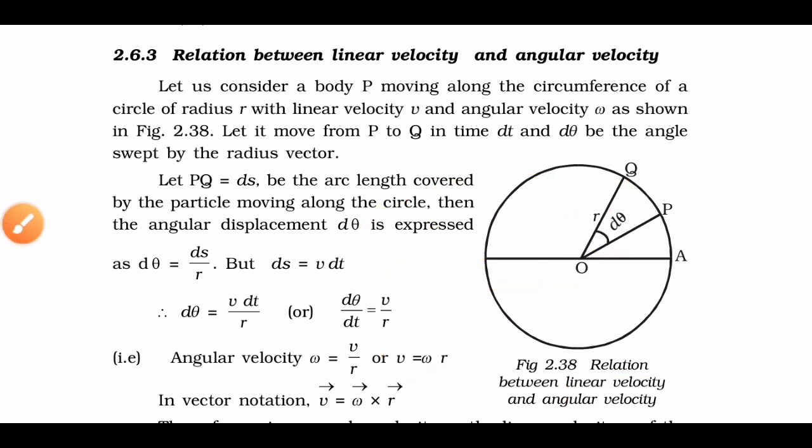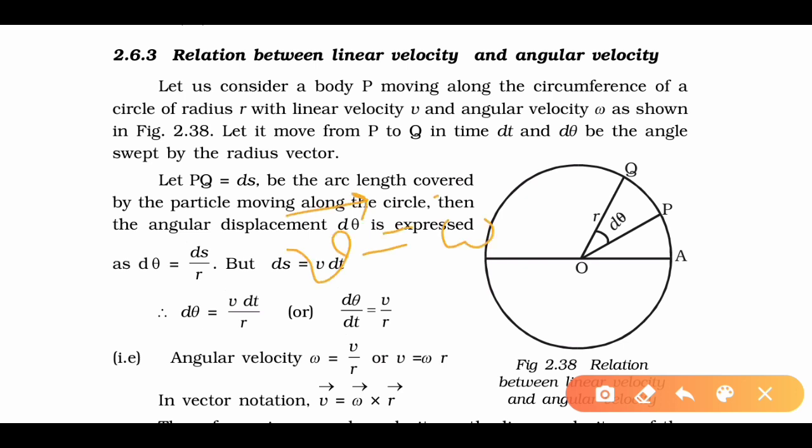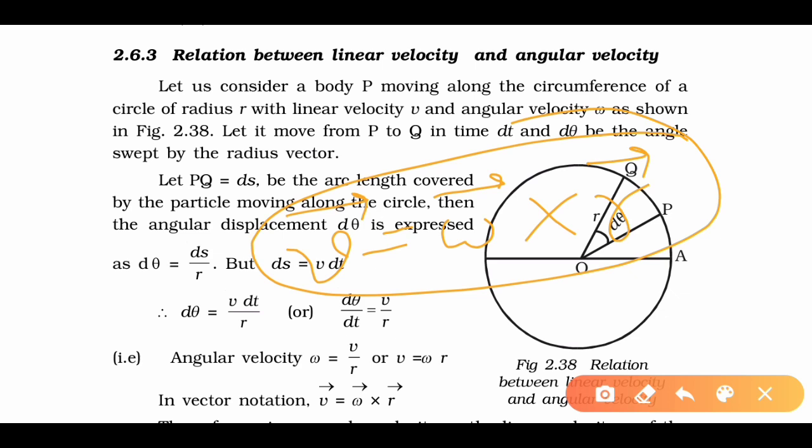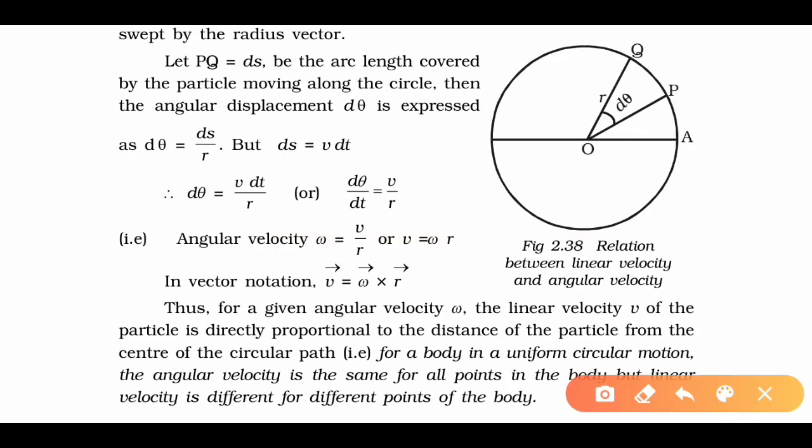In vector form we can represent it as v vector equals omega cross r vector. Thus, for a given angular velocity, the linear velocity v of a particle is directly proportional to the distance of the particle from the center of the circular path.